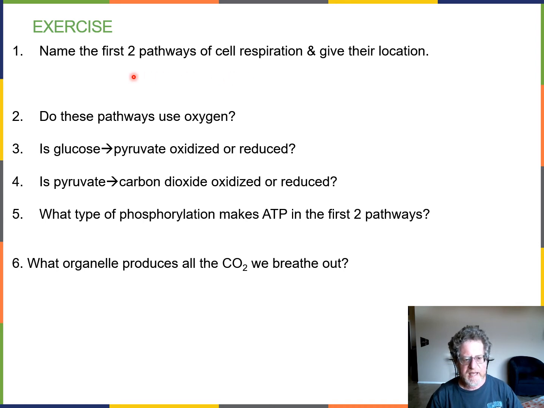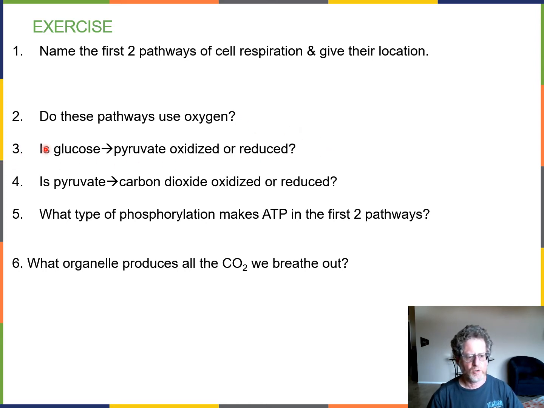And the second pathway is the oxidation of pyruvate and the citric acid cycle. For those to get going, the pyruvate has to cross 2 membranes and move into the mitochondrial matrix. Number 2, do these pathways use oxygen? Nope, we've seen oxygen in the overall equation, but we haven't seen it used yet. It hasn't been used in either of those pathways.